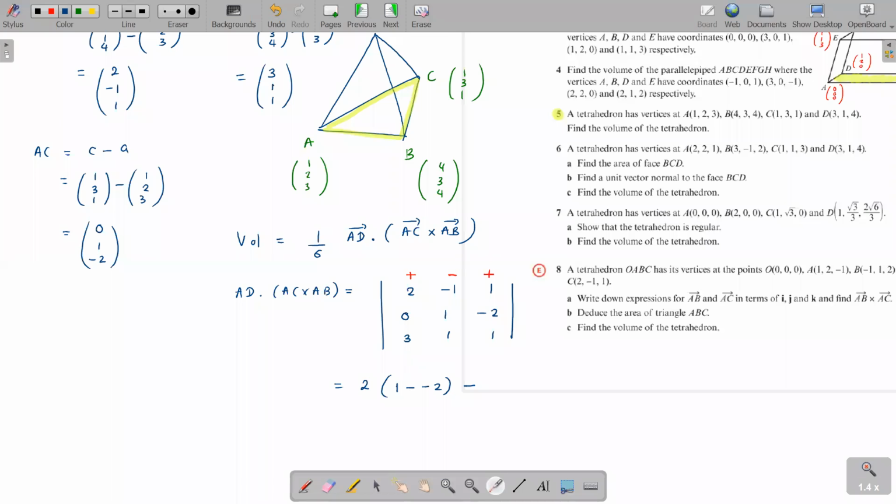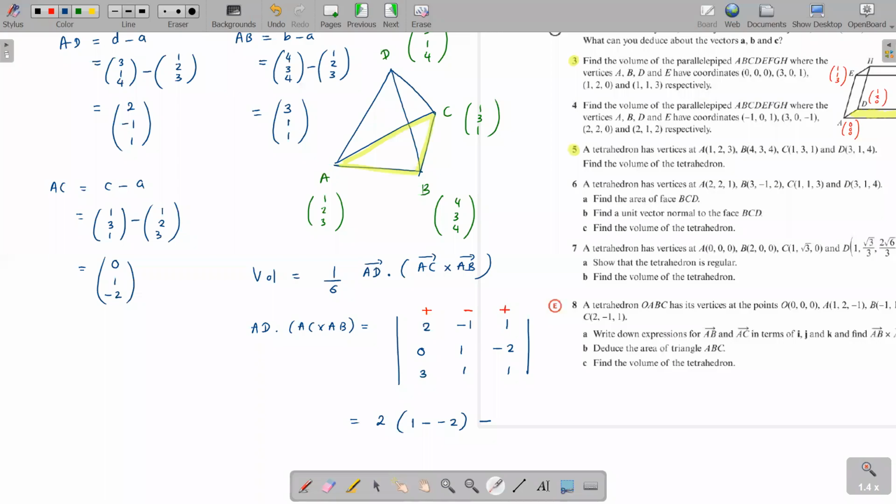Okay, so then we get here minus, minus is already there, into minus 1 times, what do we get? Remove the row and column. 0 into 1 is 0. 3 into minus 2 is minus 6.